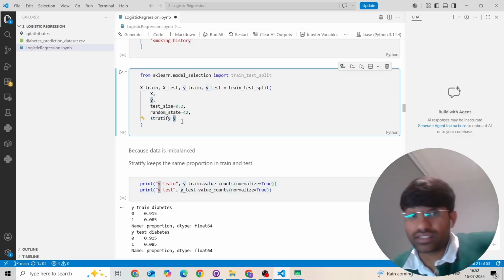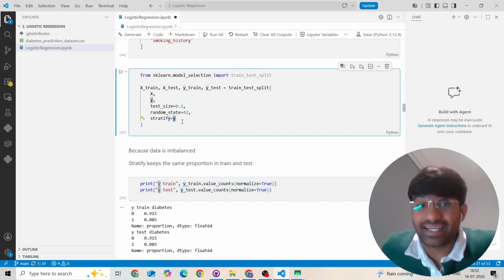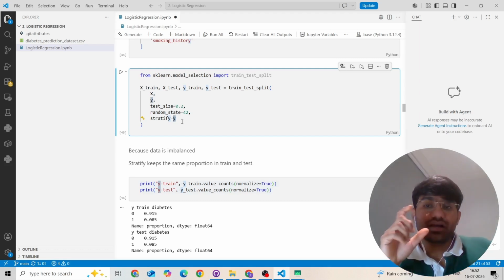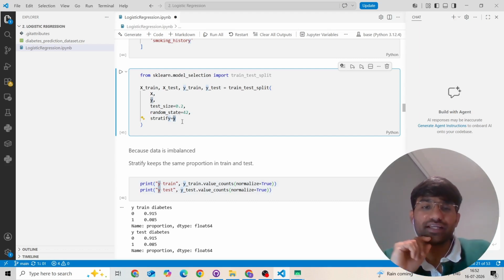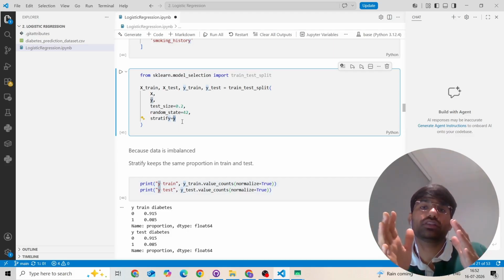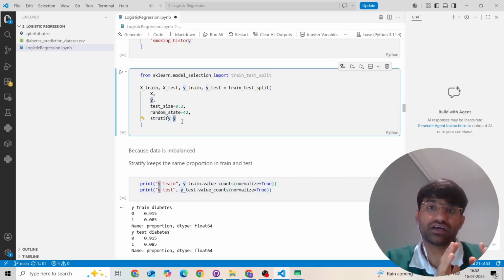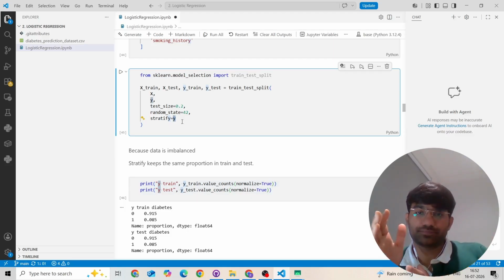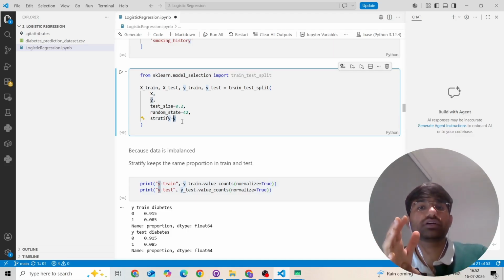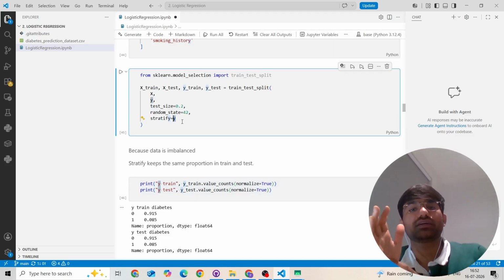Why does the diabetes data have to be stratified? Because I have imbalanced data. I don't want the Y train to have all the non-diabetic rows and the Y test to have all the diabetic rows.